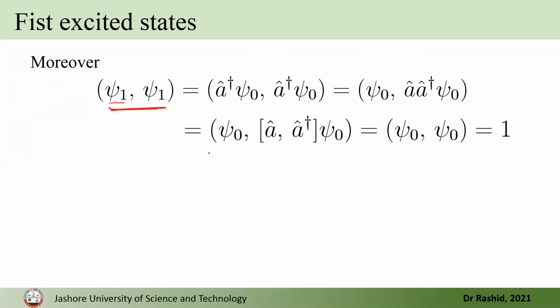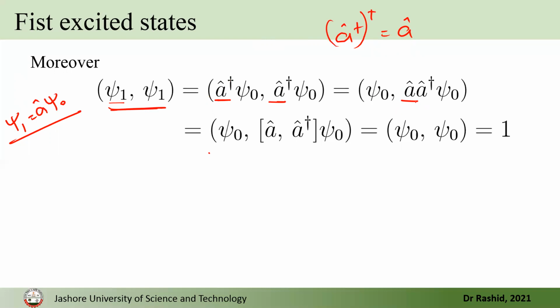So we know that psi 1 we have arrived at is defined as a hat dagger acting on psi 0. So we wrote it in detail. Now we can take this one to this side, but we need to take the conjugate of this, so it becomes a hat, because when we take the conjugate again, this is the original operator a hat.